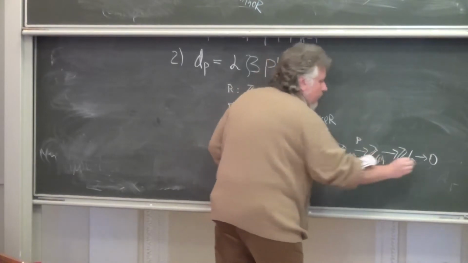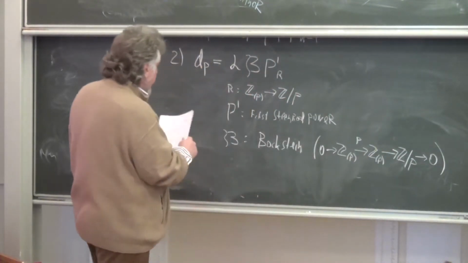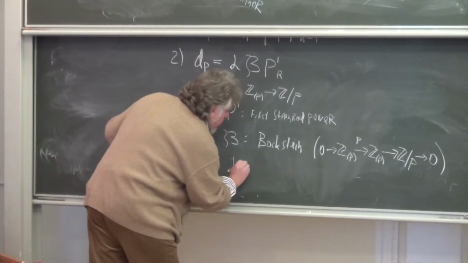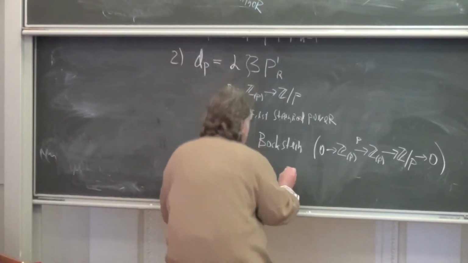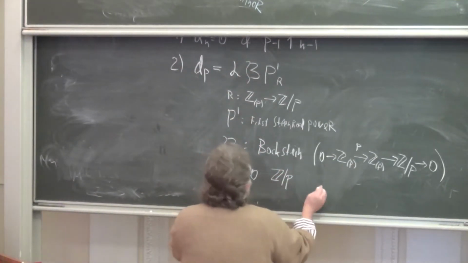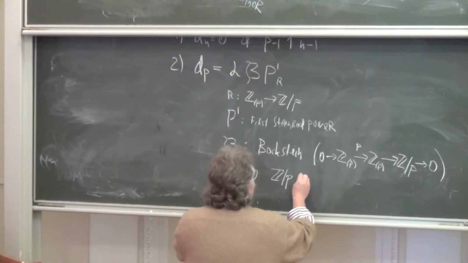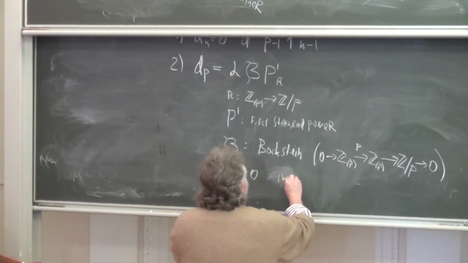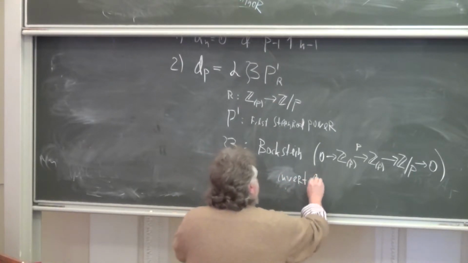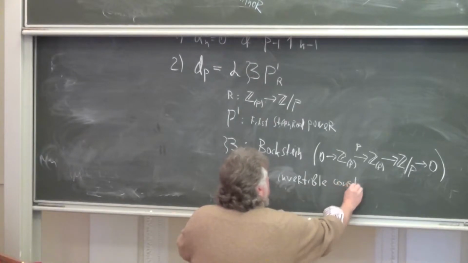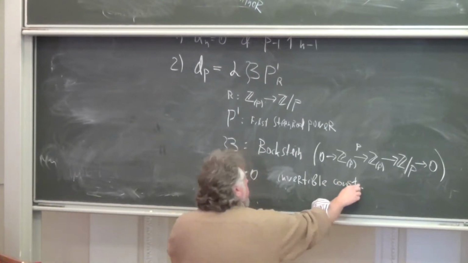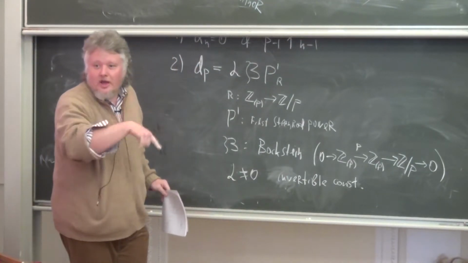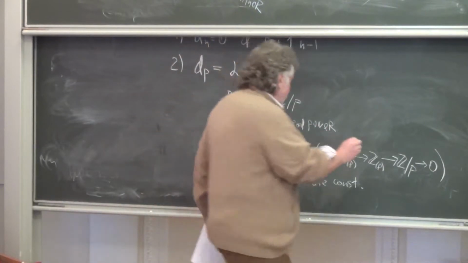And finally alpha is just some constant, invertible in Z over p.